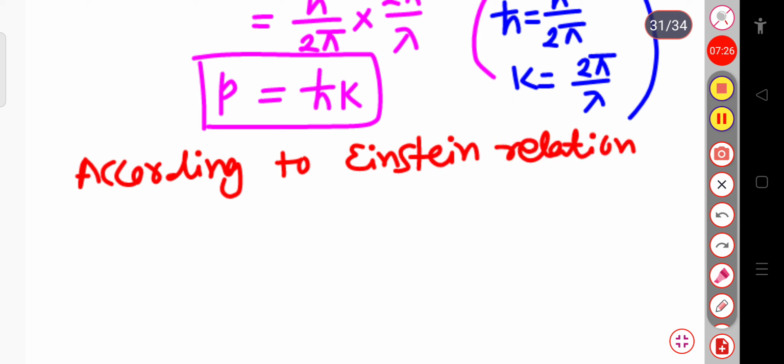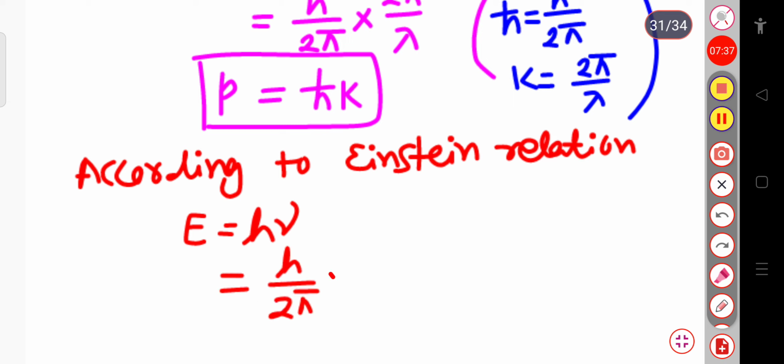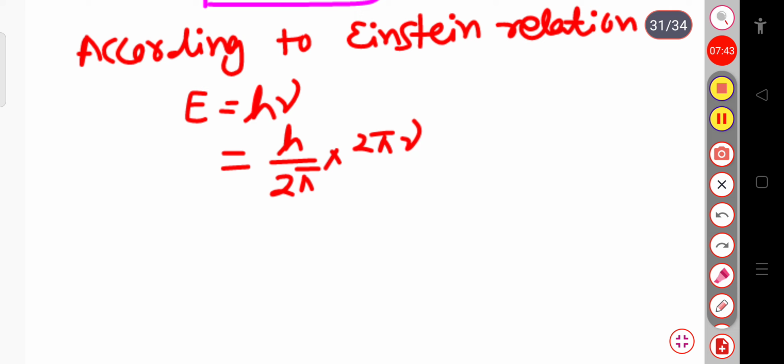E, the total energy, equals h nu. And again if I multiply by 2 pi and divide by 2 pi here, this will be h by 2 pi into 2 pi nu. Here you have just divided by 2 pi and multiplied by 2 pi, and this h by 2 pi represents h cut, and this 2 pi nu is nothing but your omega.